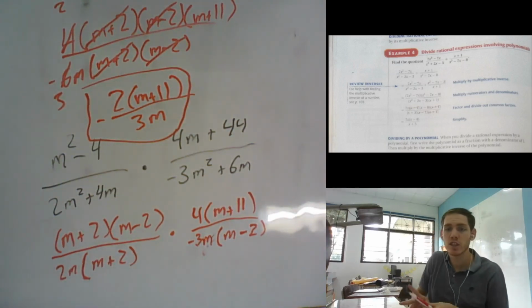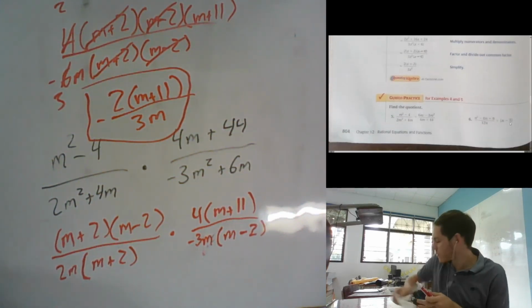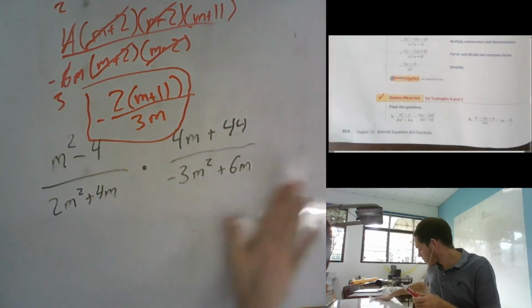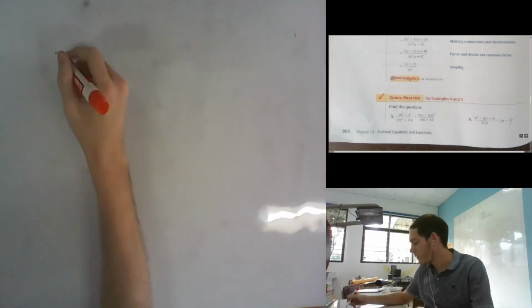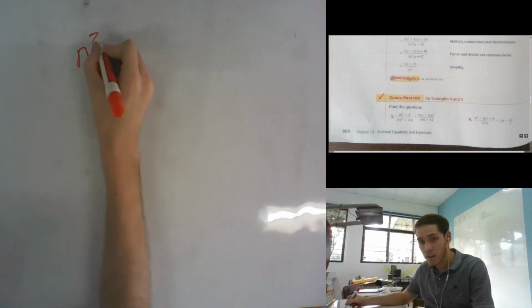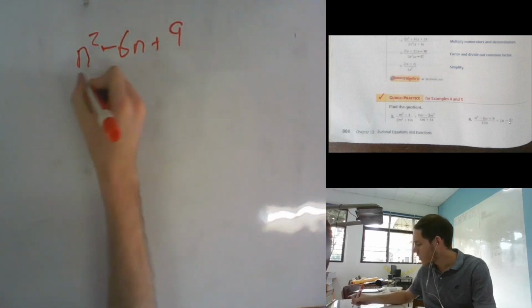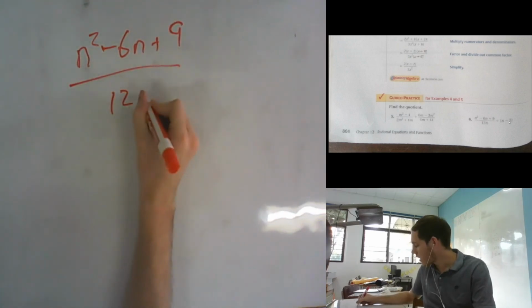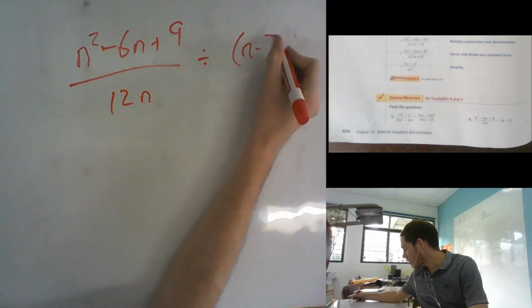Okay, and last question. Last question is n squared minus 6n plus 9 over 12n divided by n minus 3.